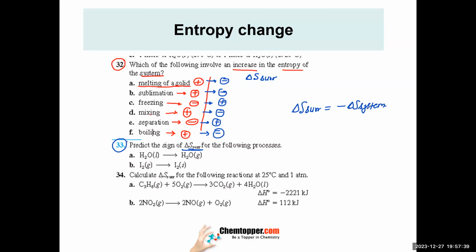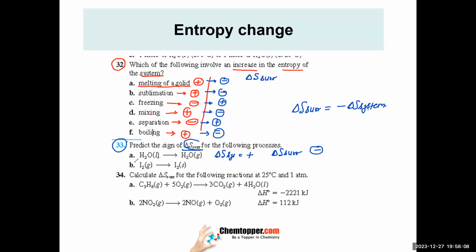If entropy of the system is decreasing, it means entropy of the surroundings is increasing. Now this one, liquid to gas, this is system. Sammy is saying decreasing. Surroundings is decreasing because delta S system is positive, so delta S surroundings will be negative, right?